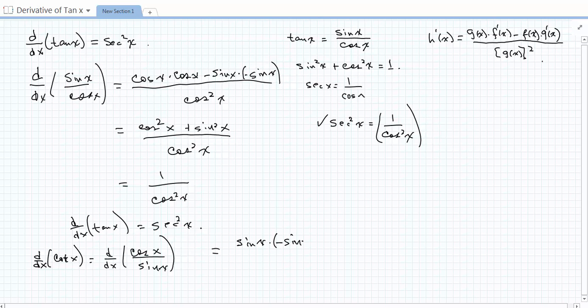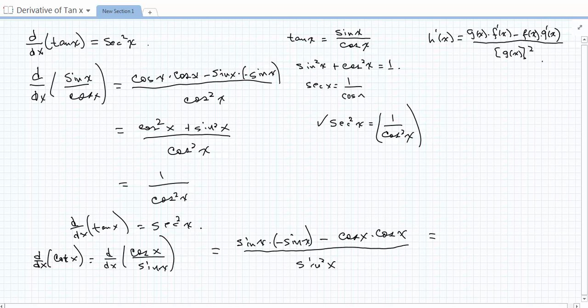So we have minus the sine of x, minus the upper function, which is cosine x, multiplied by the derivative of the lower function, the sine of x, which is the cosine of x again, and everything divided by the denominator square, in this case sine square of x.